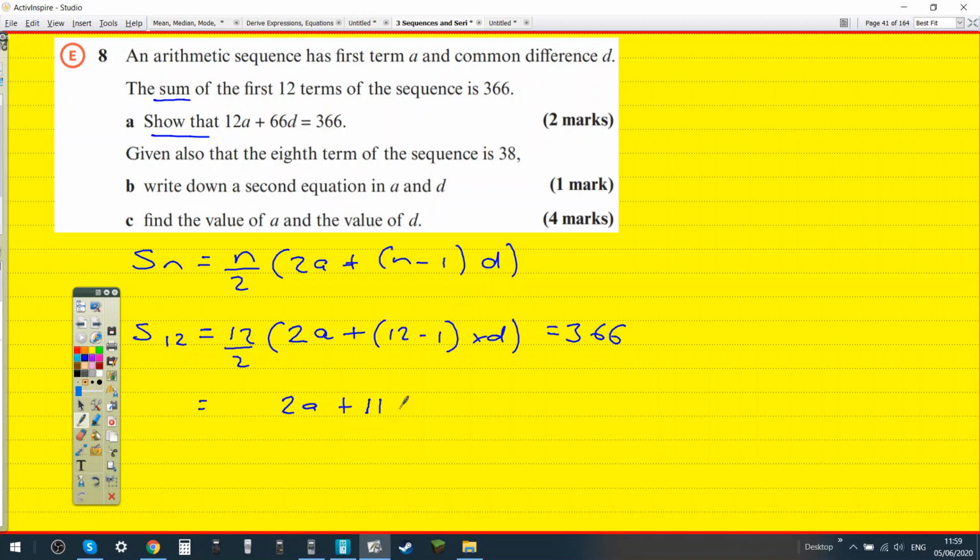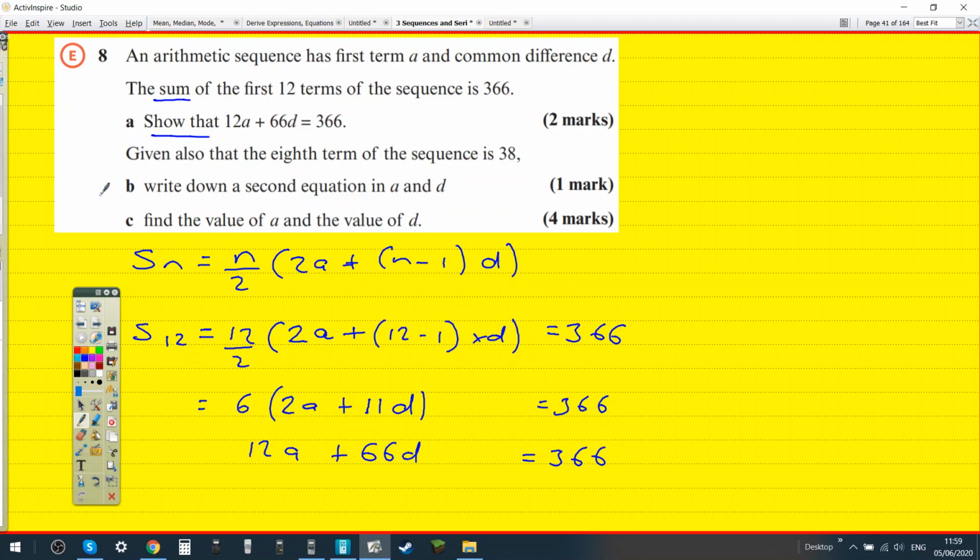What is 12 over 2? 6. And then I would get 12a plus 66d equals 366. Yeah. Originally, you said 12a plus 11d because that would be the 12th term, but it's actually the sum to 12 terms. So I just use the formula and sub it in.